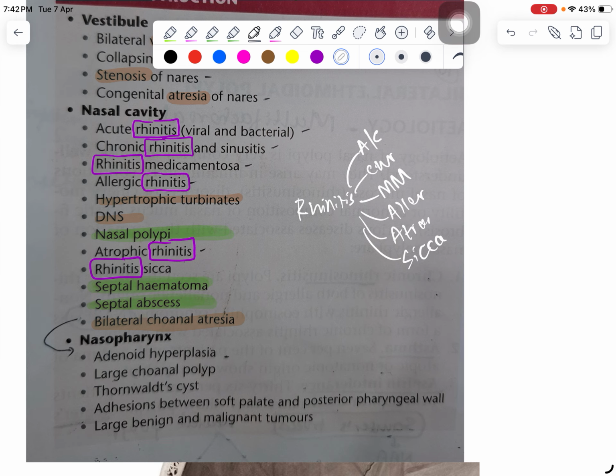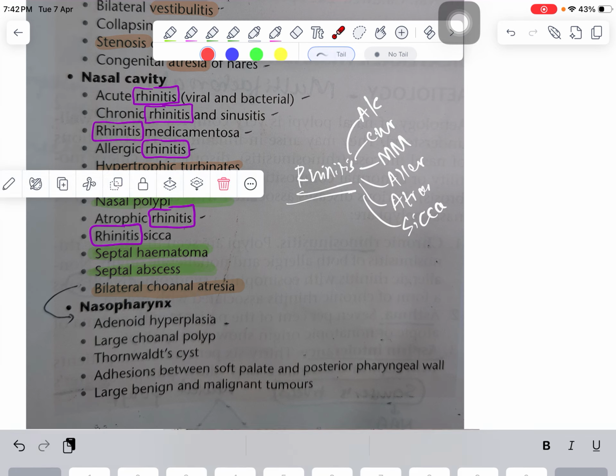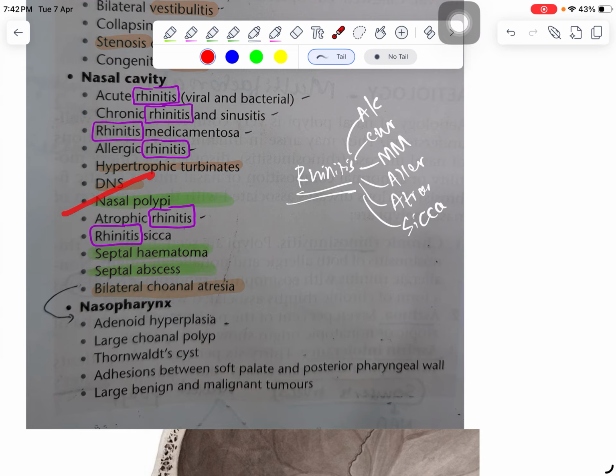So whatever words you can associate with the word rhinitis, you can write easily in the bilateral nasal obstruction causes. So still extra things are nasal polyp, septal hematoma and septal abscess.